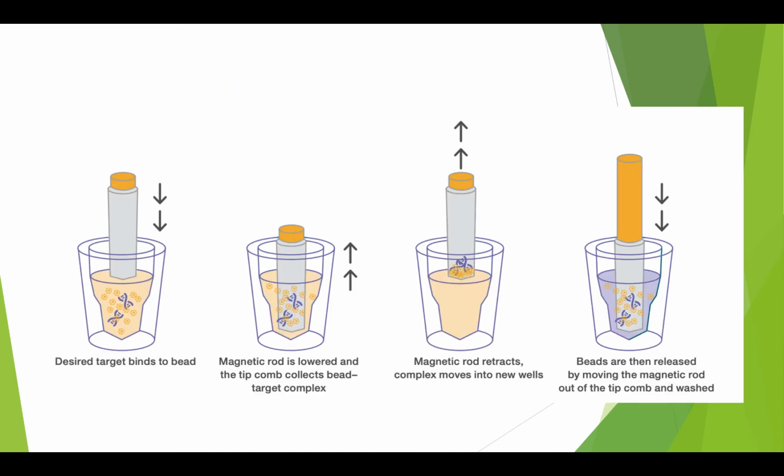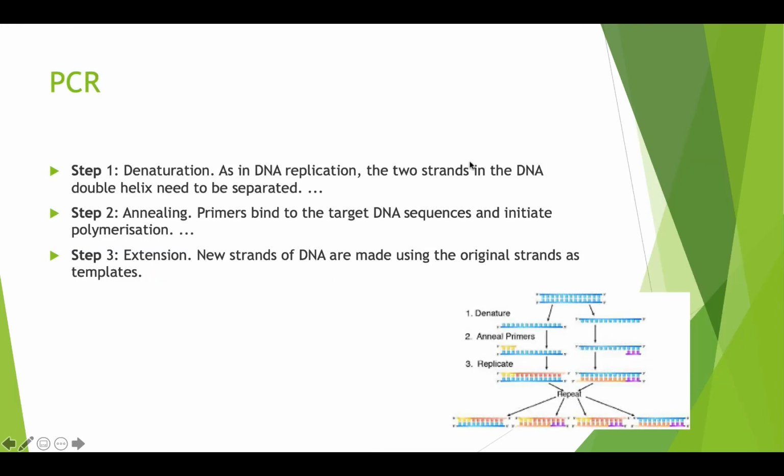This is the automation. With automation you can put, for example, 96 wells or 128 wells, whatever. In each well you put a DNA sample with lysis buffer which breaks it. It goes into the device, and this magnetic rod is lowered. It will capture all the DNA with the magnetic beads and then it will lift it up.